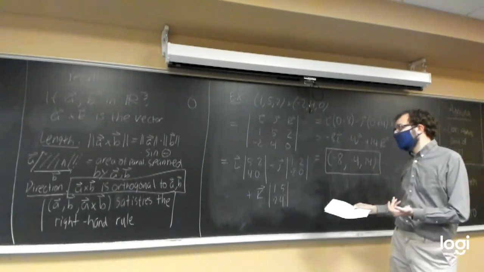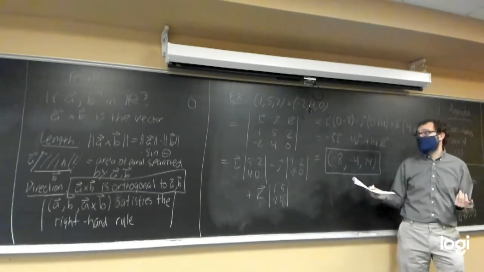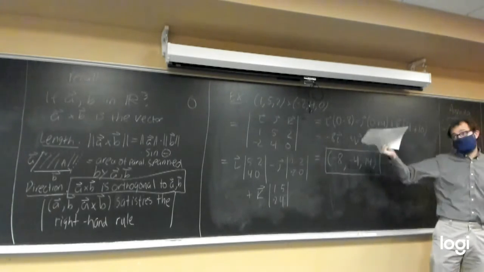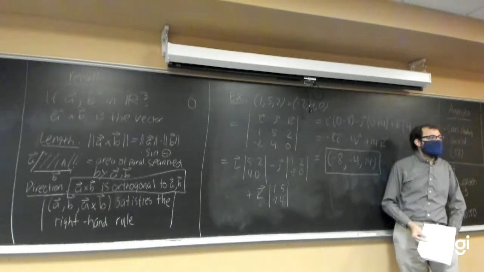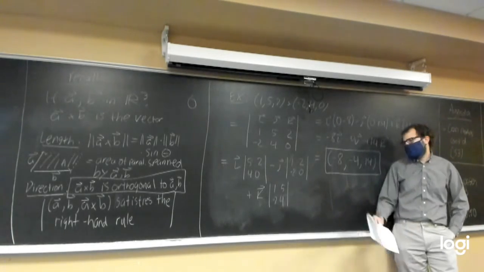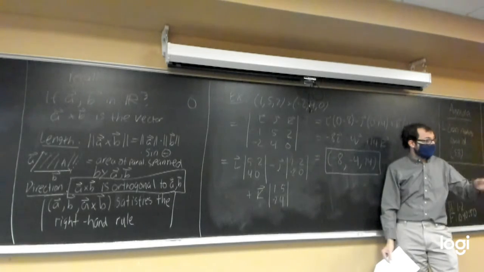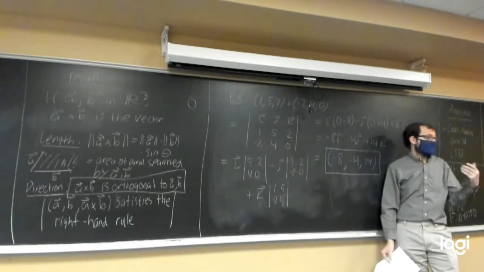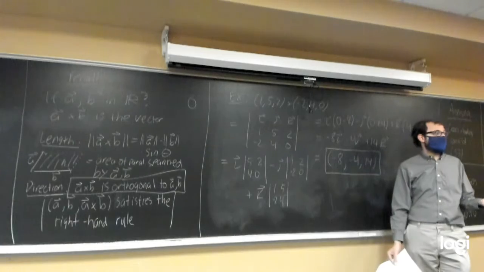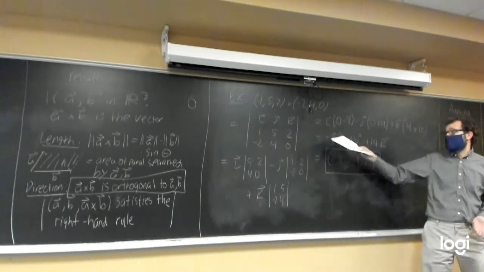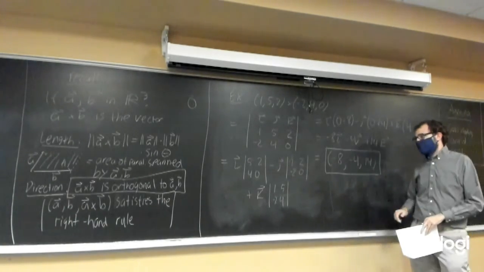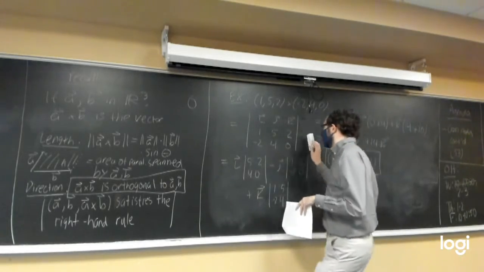Because if we want to check if this vector is orthogonal or perpendicular to the original two, how can we check? We just have to check, does the dot product come out to 0? So let's check that out.